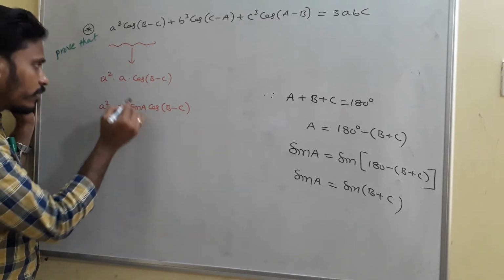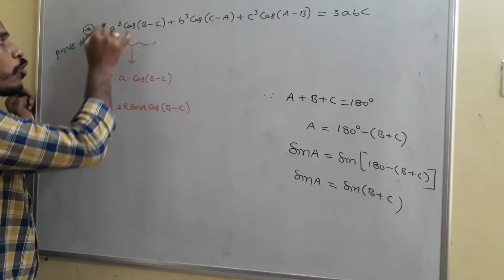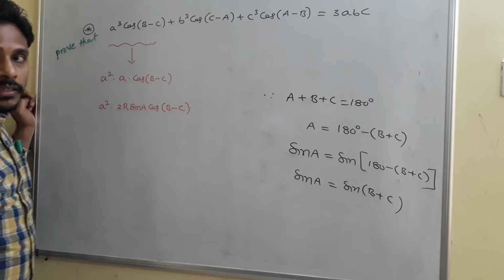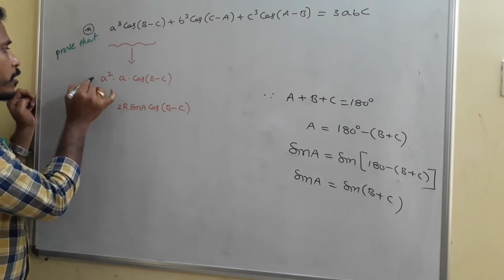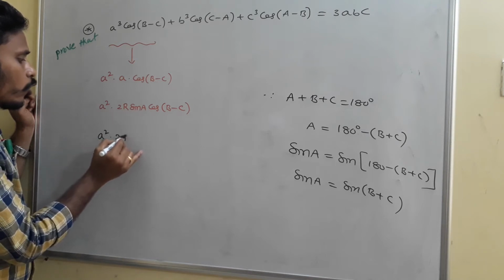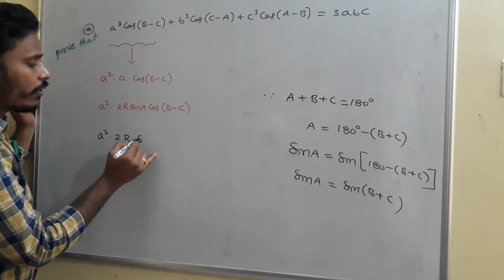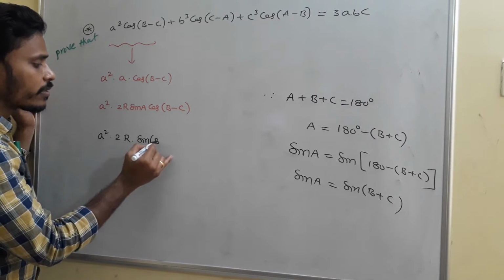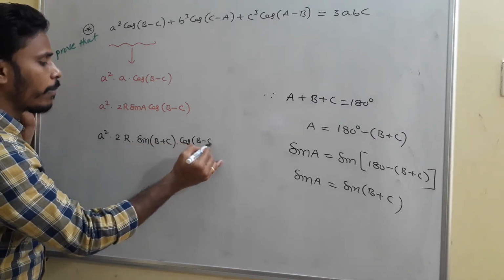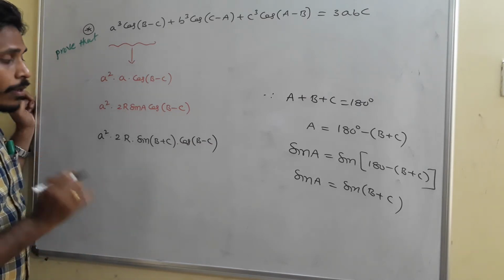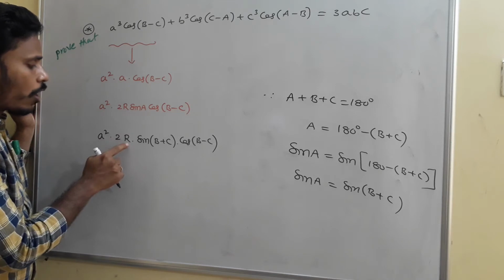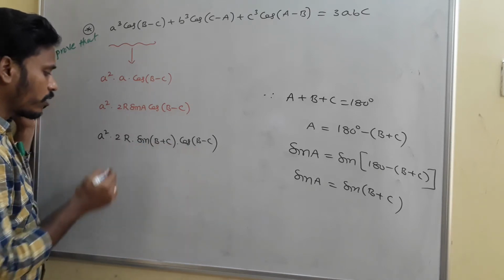At the end, I am simplifying only this a cube cos(b minus c). In a similar manner, there is a chance to simplify the other parts. So the next step is a square into 2r into sin(b plus c) into cos(b minus c).